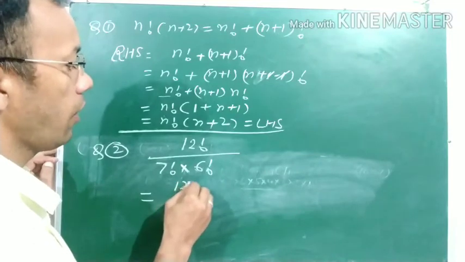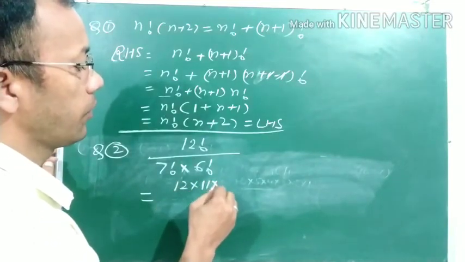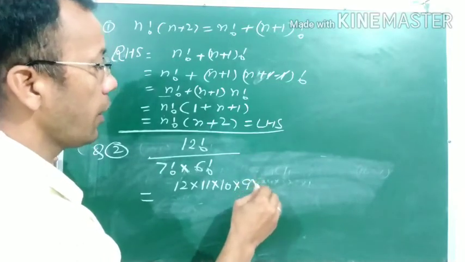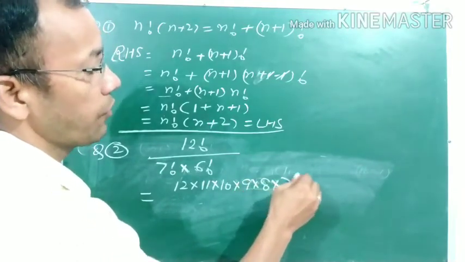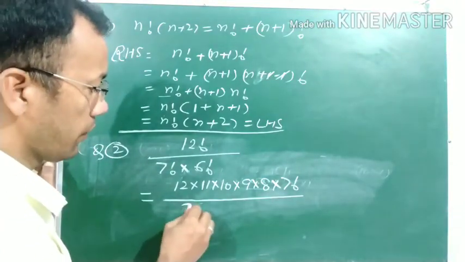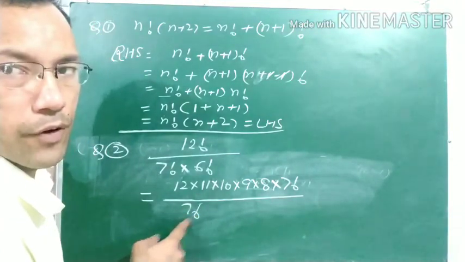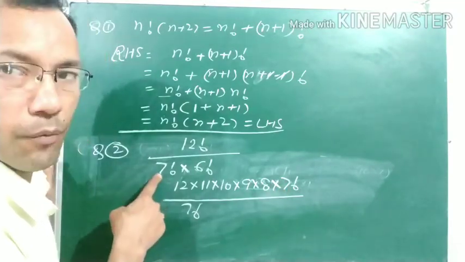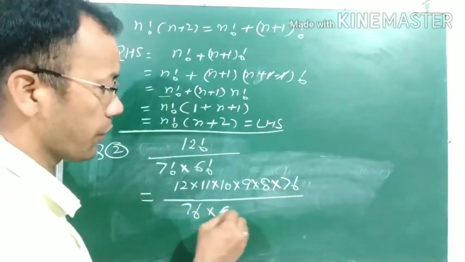So this is 12 into 11 into 10 into 9 into 8 into 7 factorial. We have stopped at 7 factorial, and the denominator already has 7 factorial.